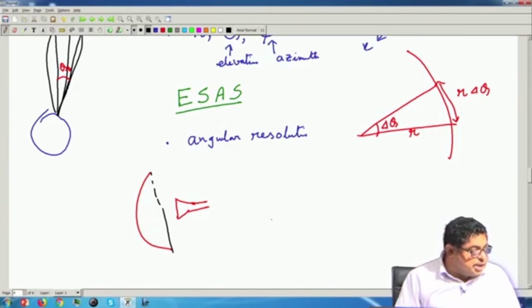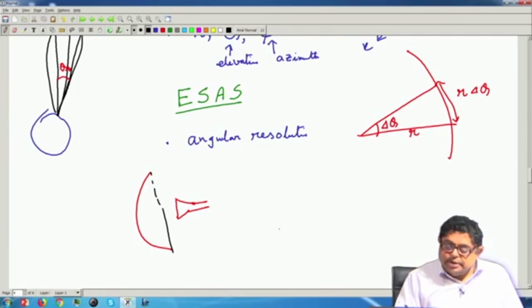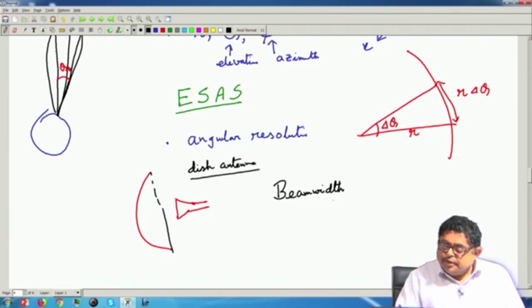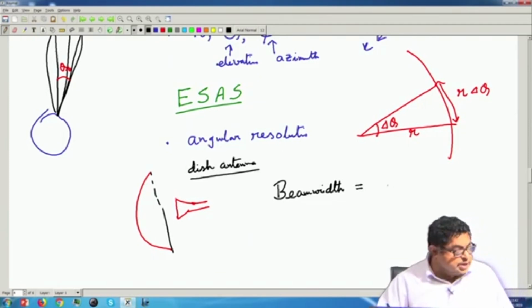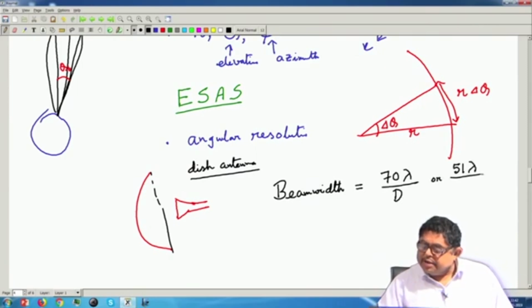Let me take up what the beam width of a parabolic dish with 10 dB illumination is. The beam width of this dish antenna has two possible quantities, either 70 lambda by d or 51 lambda by d.